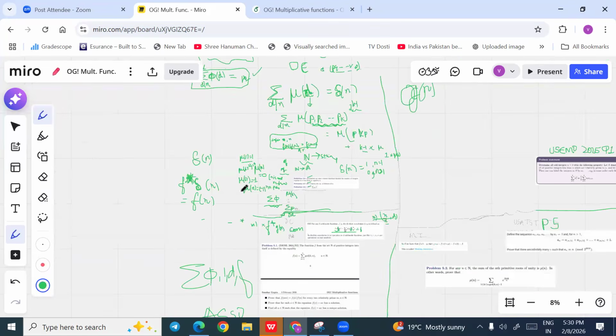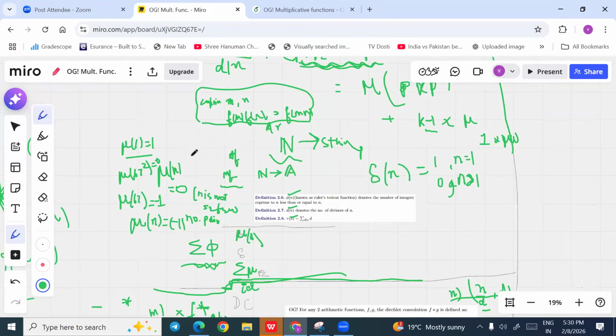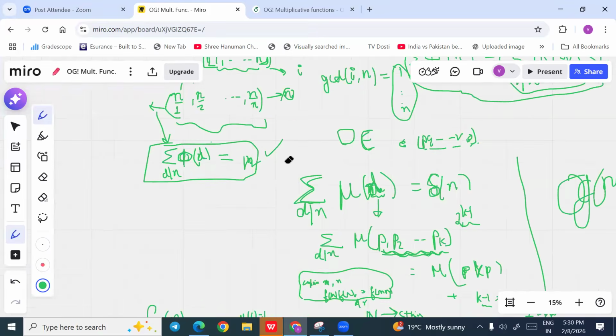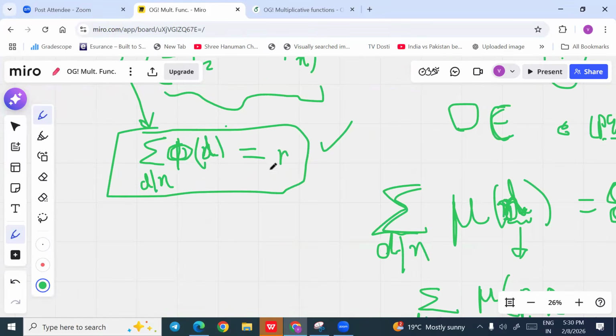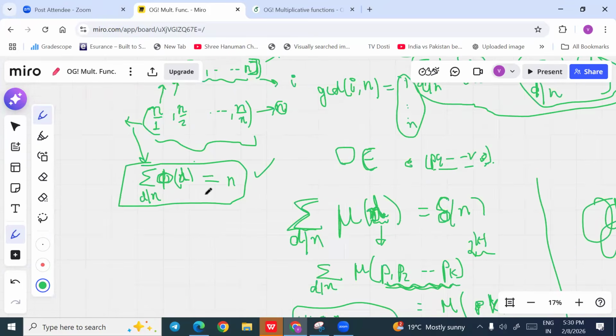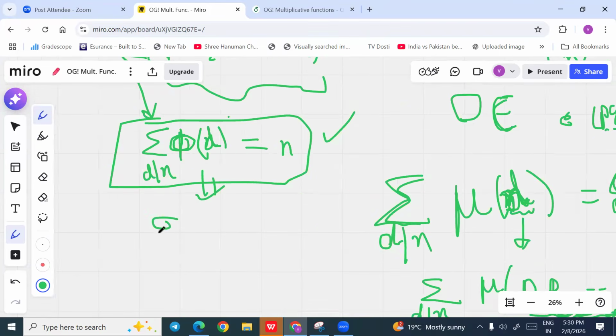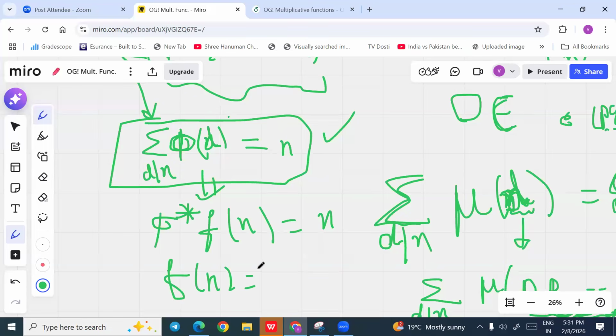Now we proved two results before, right? We just proved this result. Does anybody see that this result is saying that phi cross f of n is n, where f of n is equal to 1 for all n?